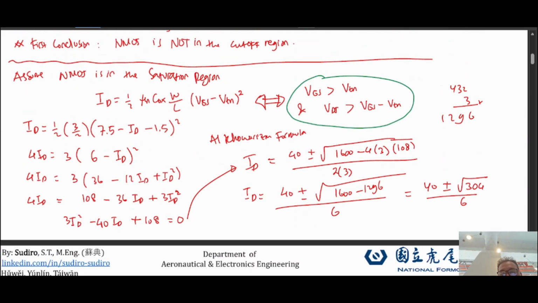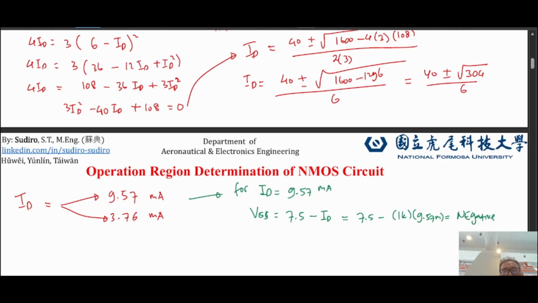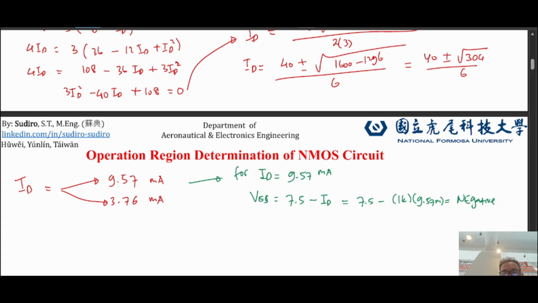However, in the saturation region, VGS must be greater than VTN, which is 1.5. While for the value of ID equal to 9.57, we get that VGS is negative. So we don't need to continue the implication of ID equal to 9.57 because one requirement was violated. So we can directly conclude that 9.57 is not the correct answer.